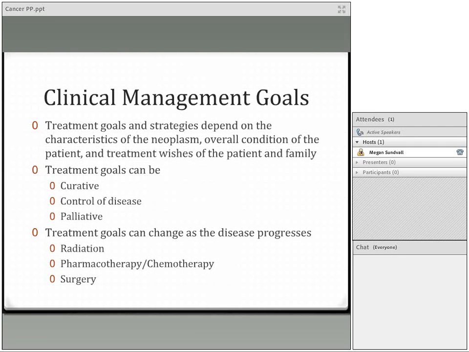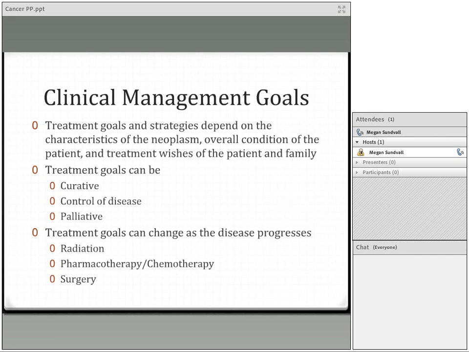Clinical management goals, so treatment goals and strategies depend on the characteristics of the neoplasm and overall condition of the patient, and treatment wishes of the patient and family. Treatment goals can be curative, control of disease, or simply palliative, meaning we're trying to ease the symptoms and maximize the quality of life when there's no cure possible, or the extreme measures to cure the patient is beyond what they're wishing to do.